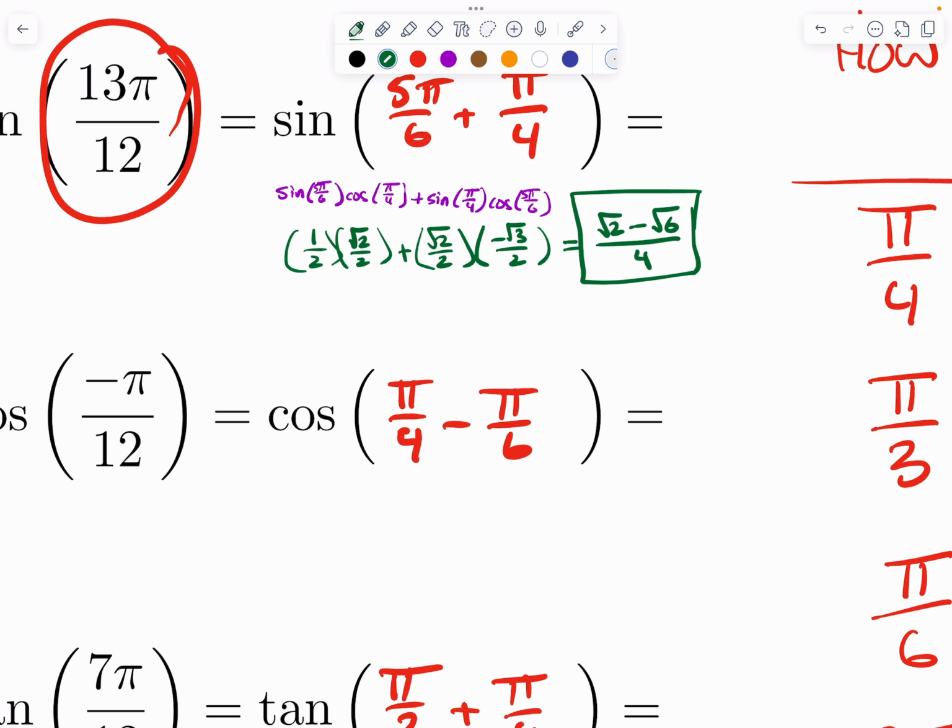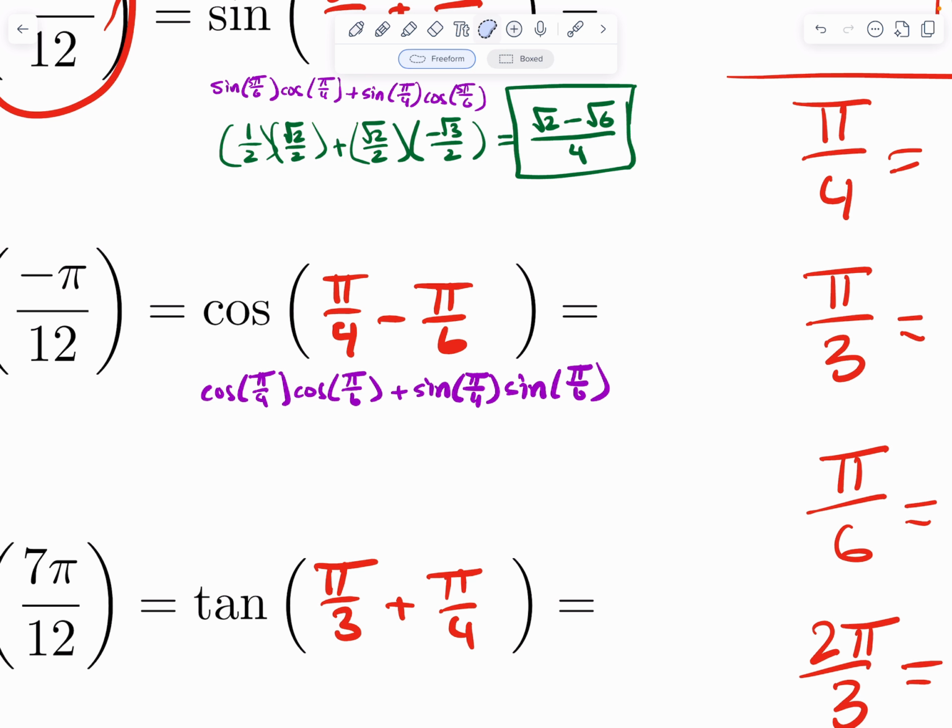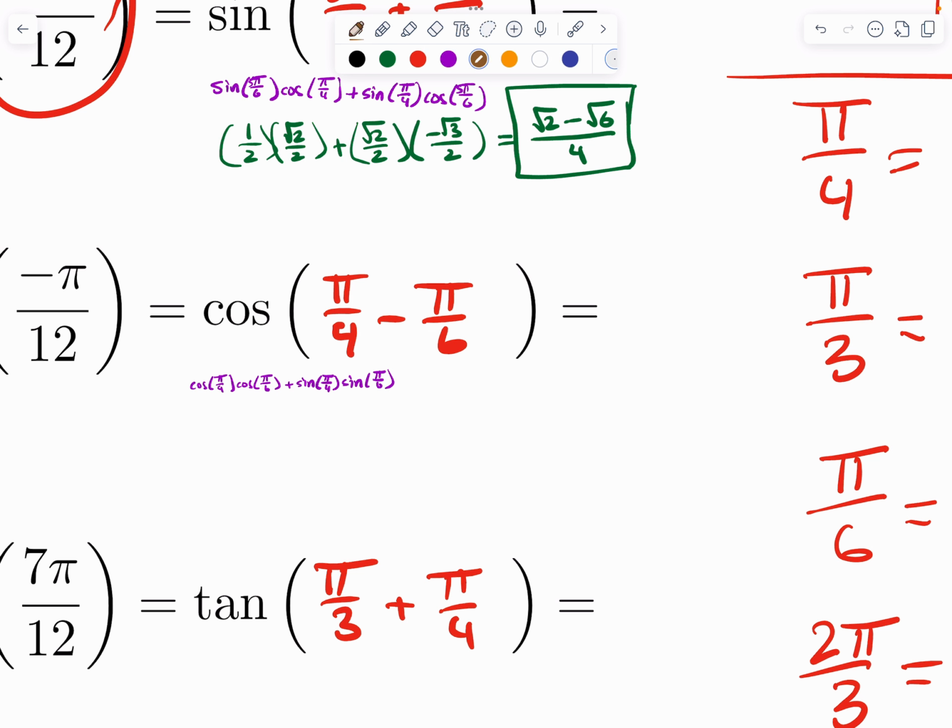So cosine of pi over 4 times cosine of pi over 6 plus sine of pi over 4, sine of pi over 6, just making it little so I can cram the rest of this in here.